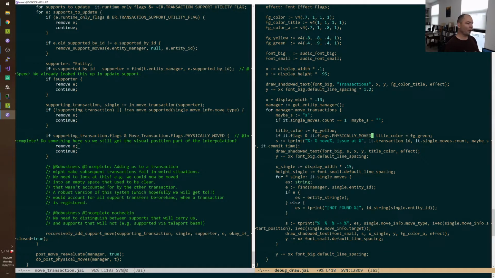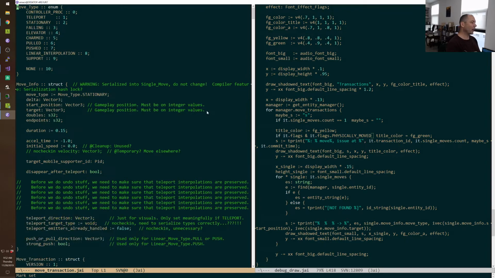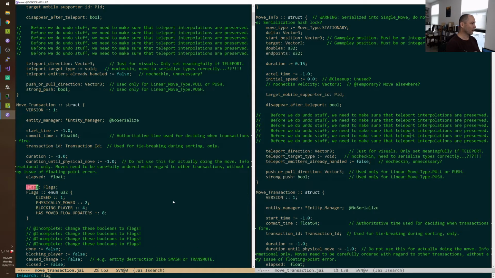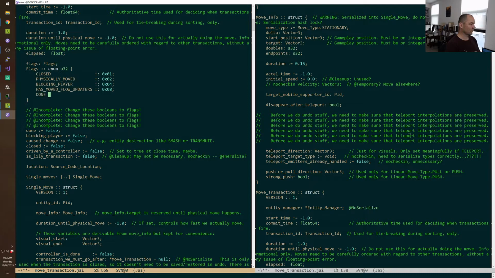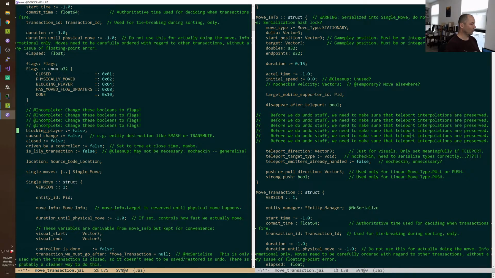Okay. So, we did a flag. That's probably the most painful one that I picked there. Oh, teleport interpolations. This is going to be another one, but I don't want to do that right now. I want to do the flags. Let's do done.